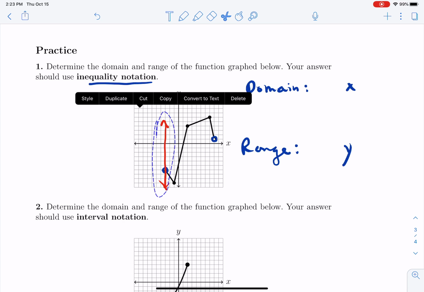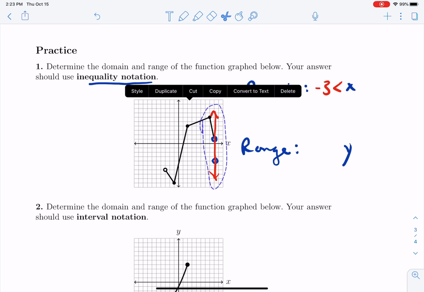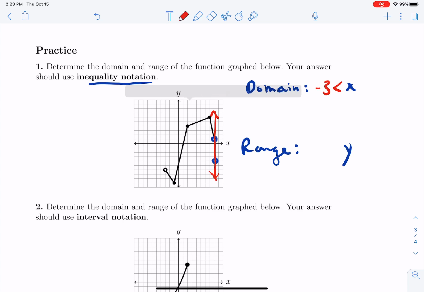I can see that the leftmost bound is at negative 3, and that negative 3 is not included because it's an empty circle. The rightmost part of the function occurs here, so that is at 8, and again, it's not included.